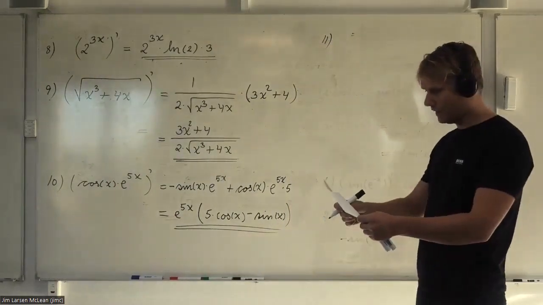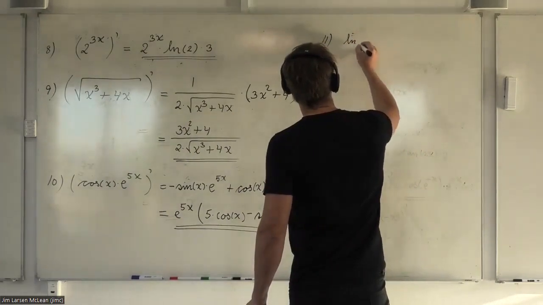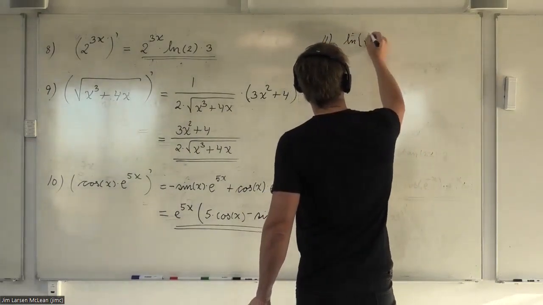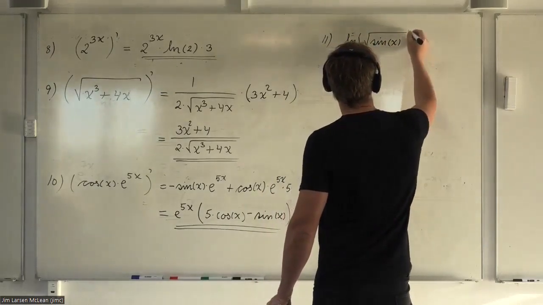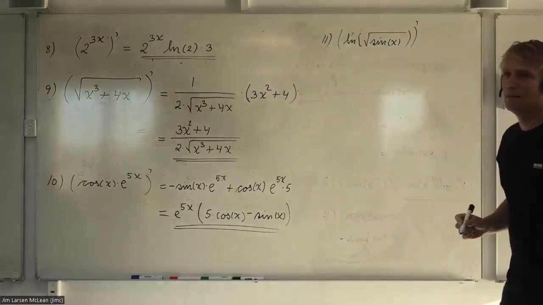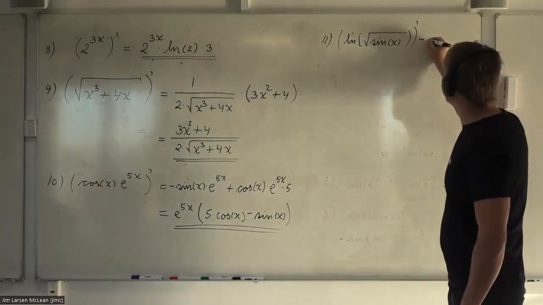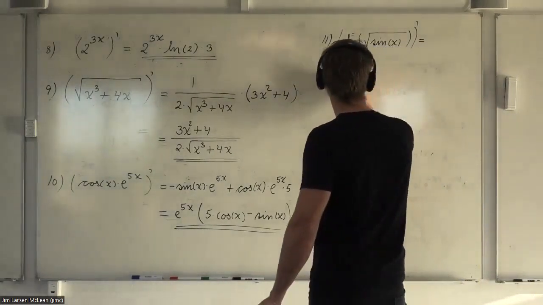Here it says the natural logarithm of the square root of sine of x, and all of that I need to differentiate. Okay, so the natural log of something differentiated is 1 over that something.